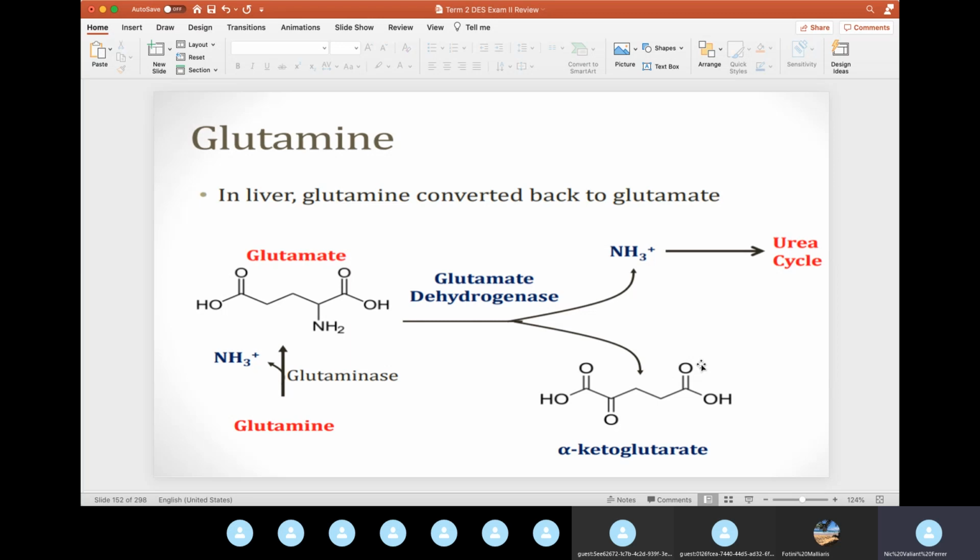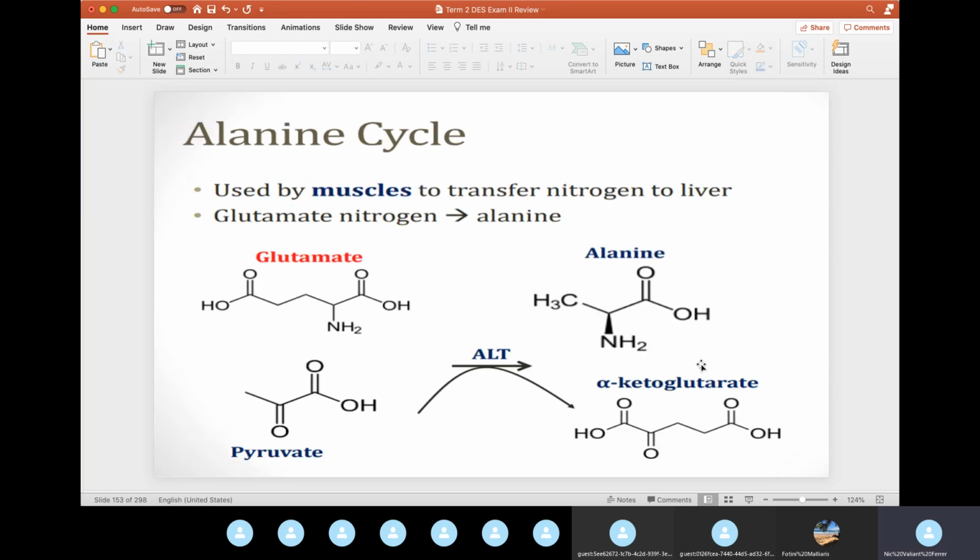So the only difference is the intermediate. In the glutamine synthesis, you have glutamine. In the alanine cycle, you have alanine. That's the difference. What's common is the last part.